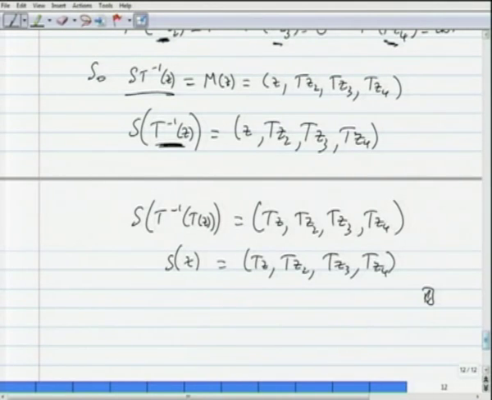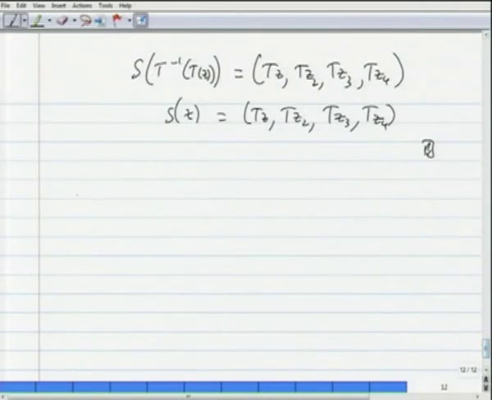And there is yet another property that we will need. So, here is another proposition.